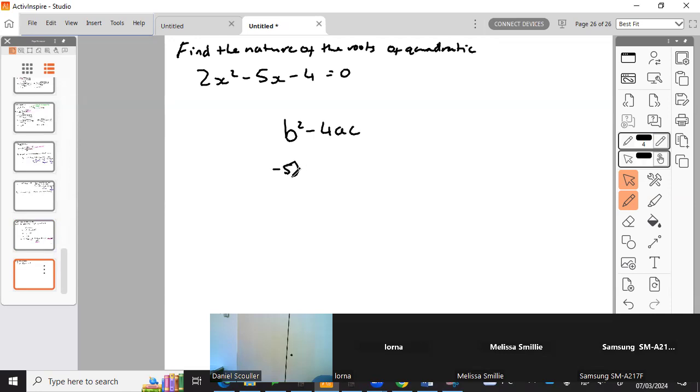You'd have negative 5 squared minus 4 times 2 times negative 4. 25 minus negative 32, which is 57.